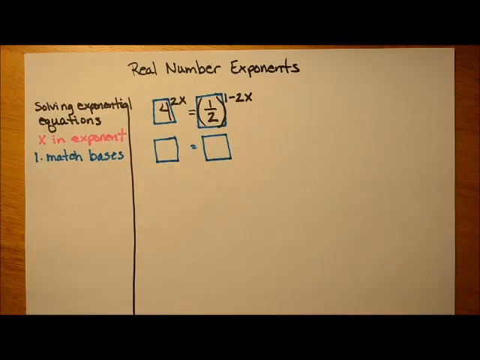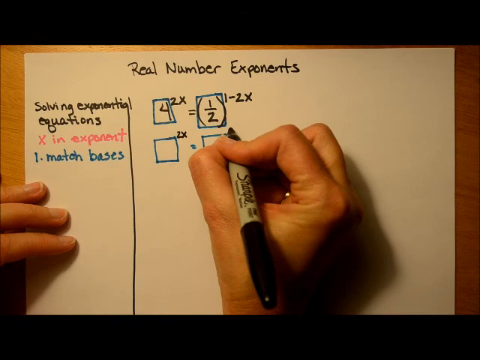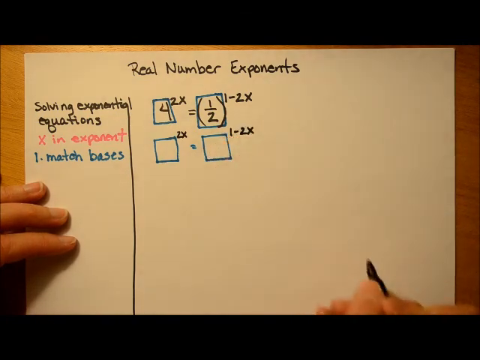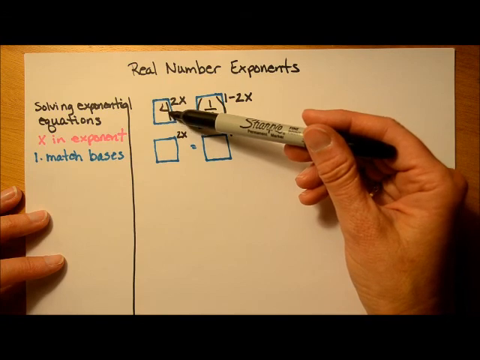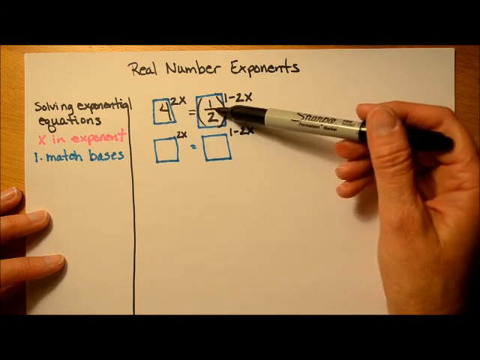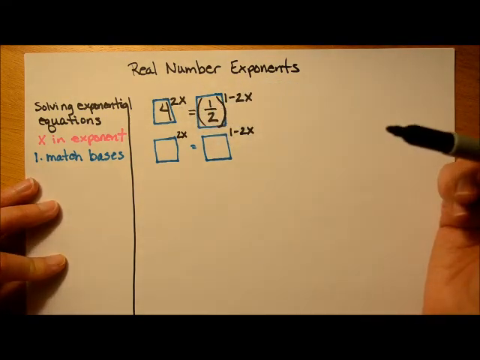And I'm going to put the same exponents that I have right now, the 2x and the 1 minus 2x. Okay, now I have to match this base with this base. But they don't match because one's a 4 and one's a 2, or 1/2 actually.